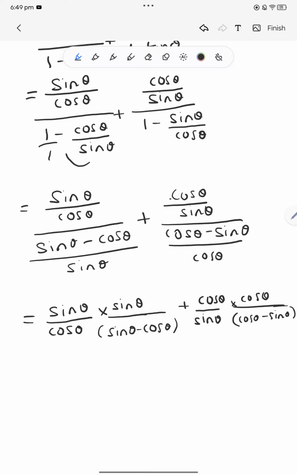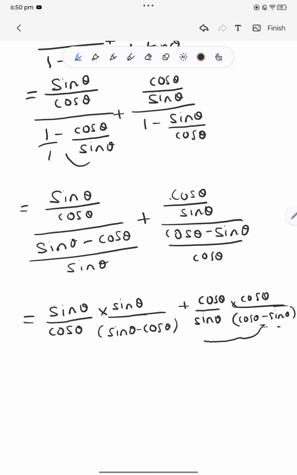See here, cos theta minus sin theta is there. So I will take minus common from here. What does it become? It becomes sin theta minus cos theta. Here this plus term becomes minus.